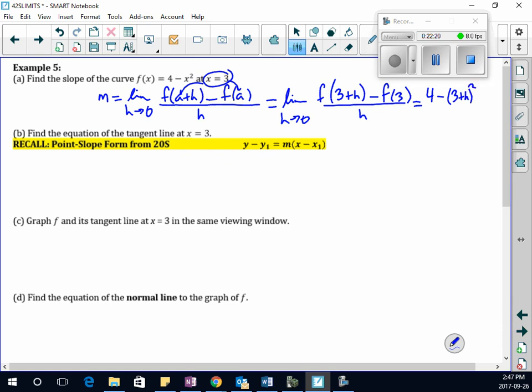And then when I plug 3 in, what do I get? 4 subtract 9 is minus 5. I'm just going to use some brackets there so you can see that. Negative 5, because 3 goes in there and I get 4 minus 9, yes? And this is, of course, divided by h, and I still have the limit here as h goes to 0.